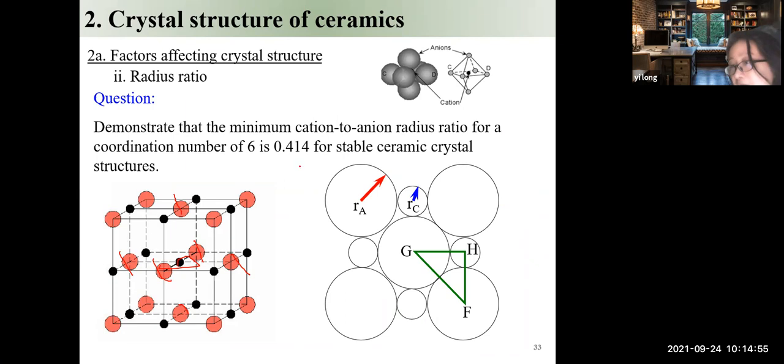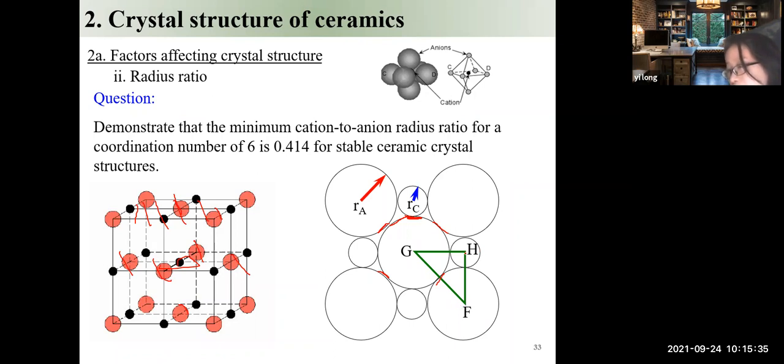Now let's calculate the minimum case, which means you have to be in contact everywhere. What they do here is just use this plane, the top plane. So they can calculate because you can see the anions have to be in contact with the cations, and also the anions and anions have to be in contact with each other. Once you know this, it's very easy to calculate, right? So we simply take out this triangle GHF.